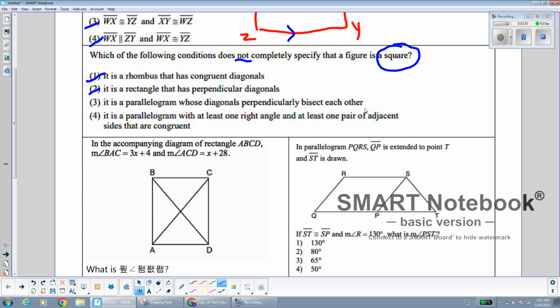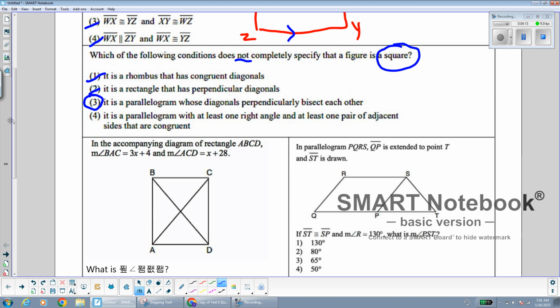Diagonals bisecting each other, that's a parallelogram property, but it's already a parallelogram. So even though we know it's a parallelogram and a rhombus, we're missing a property here that would make it a rectangle, so we don't know it's a square.